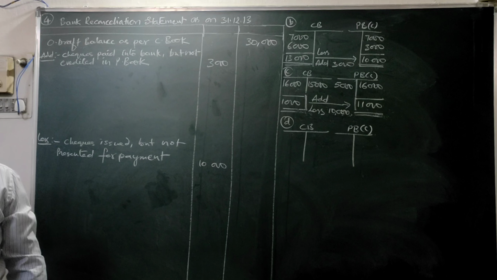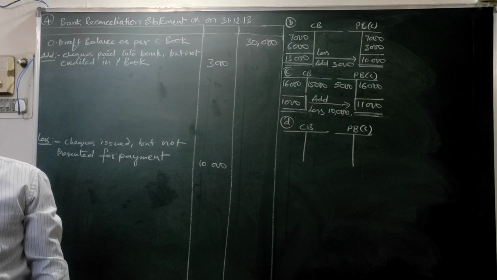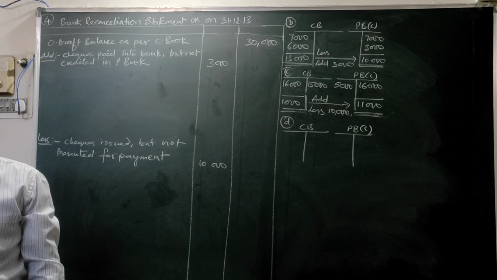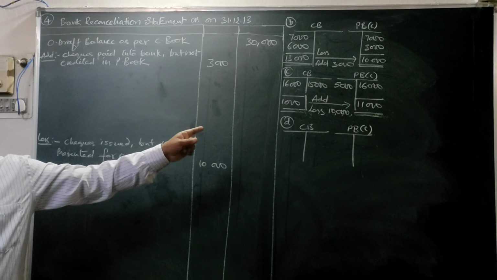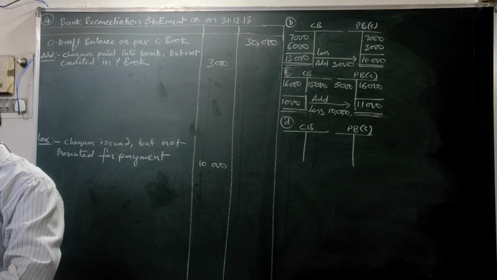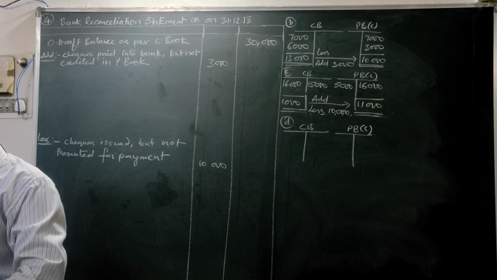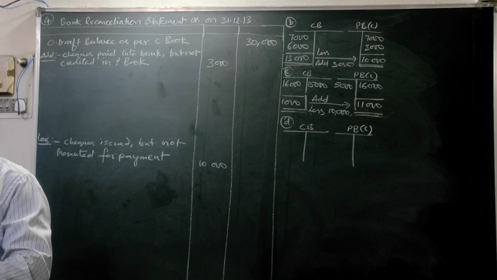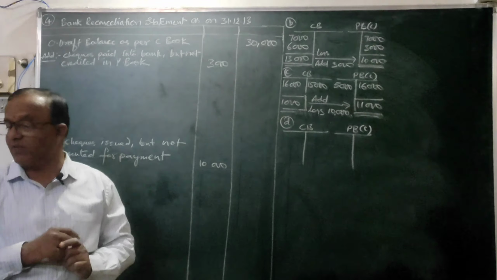Rupees 1,000 for interest on overdraft charged in the passbook on 31st December has been entered in the cash book on 4th January 2014.